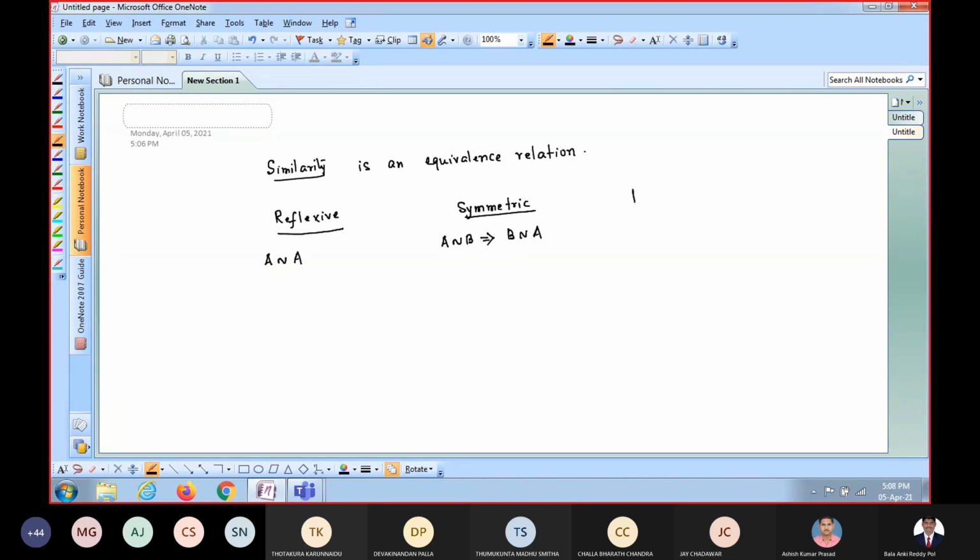And the third one, transitive. It means that if A is similar to B and B is similar to C, then this implies A is similar to C. First of all, how we can prove that A is similar to A?